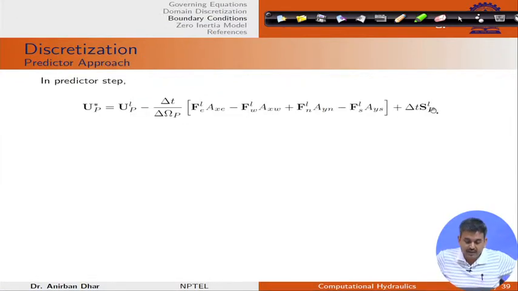So, we can utilize predictor corrector approach for explicit case.